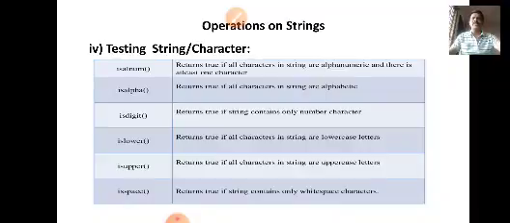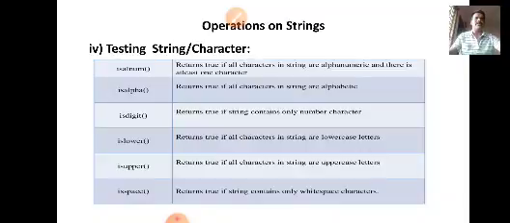Any string that contains a combination of alphabets and numbers returns true, meaning 1, otherwise it returns false, right? isalpha: whatever string you enter that contains only alphabets returns 1 or true.